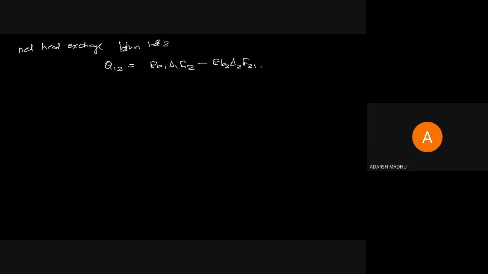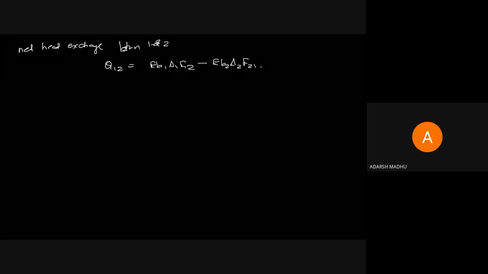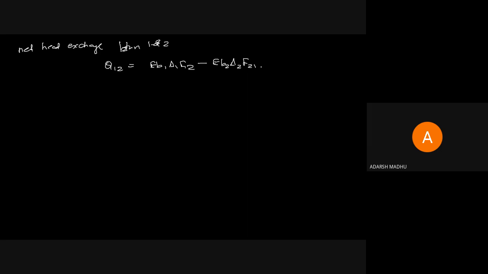EB1 A1 F12 initial 1 to 2 minus EB2 A2 F21. Okay. If both surfaces have the same temperature, we are taking 1 to 2, 1 to 2 ആണ് എടുക്കുന്നത്.